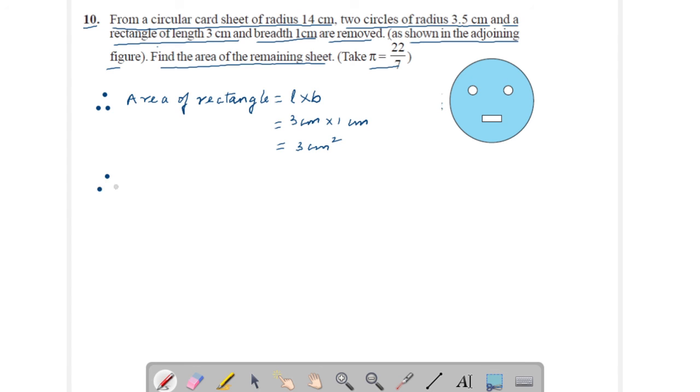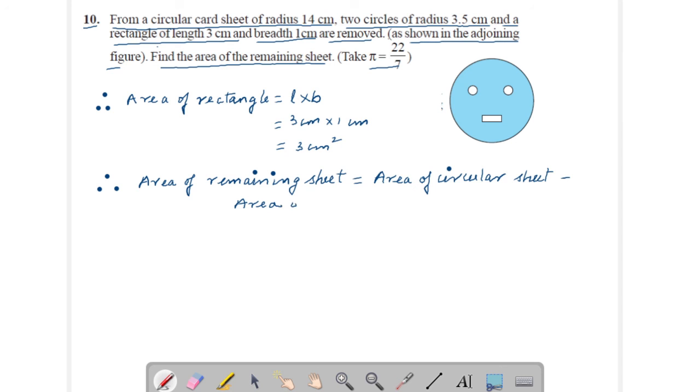Therefore area of remaining sheet equal to area of circular sheet minus area of two smaller circles minus area of rectangle.